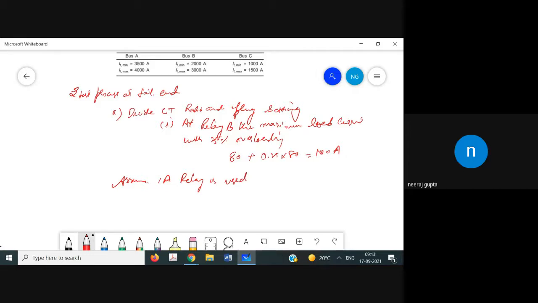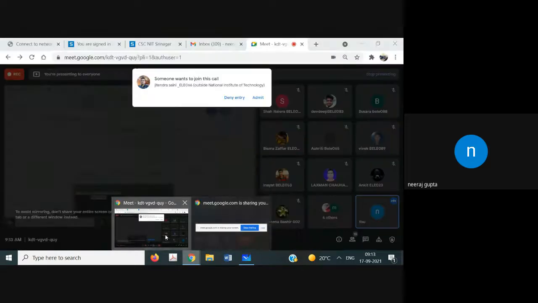Let us suppose the CT ratio we select is 100:1, because we have the maximum load current of 100 amperes, and with a 1 ampere relay, the CT ratio to select is 100:1.